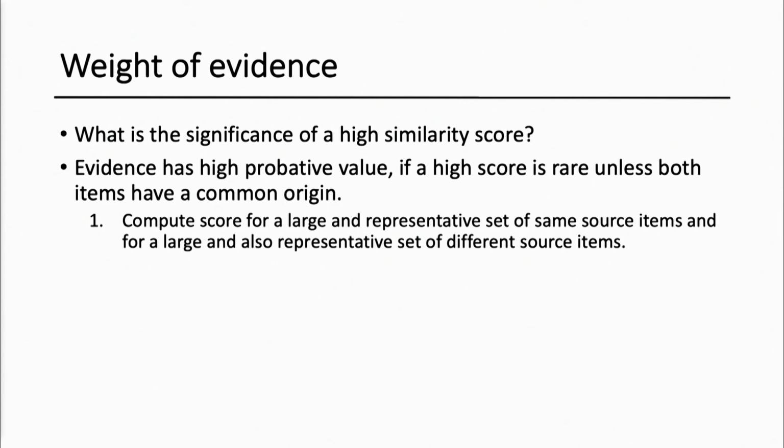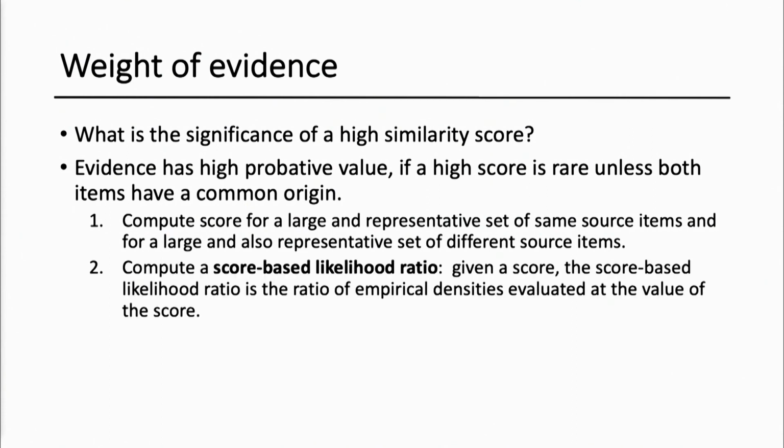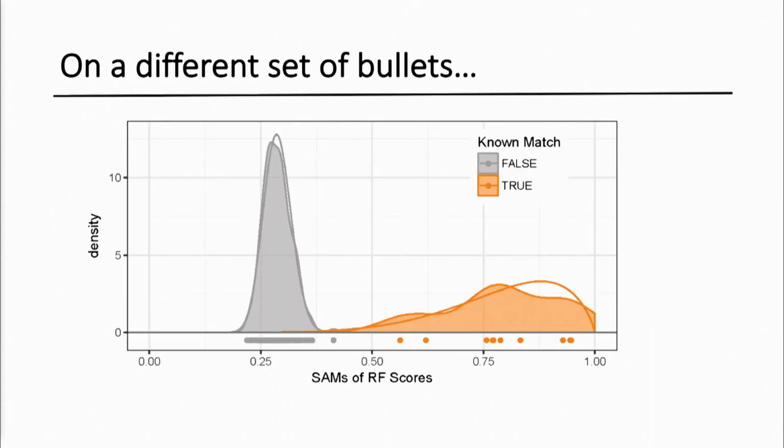So one thing we can do is have a gigantic training set, look at all possible pairs of bullets, and essentially develop those 2 distributions of scores.